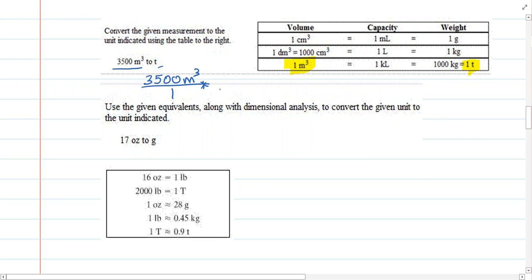So I have 1 meter cubed holds 1 tonne. I think it's that. I don't remember. So we're going to cancel that, and I end up with a little t. That means I have 3,500 t's.